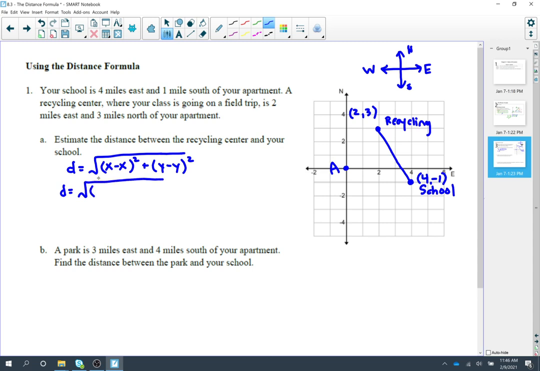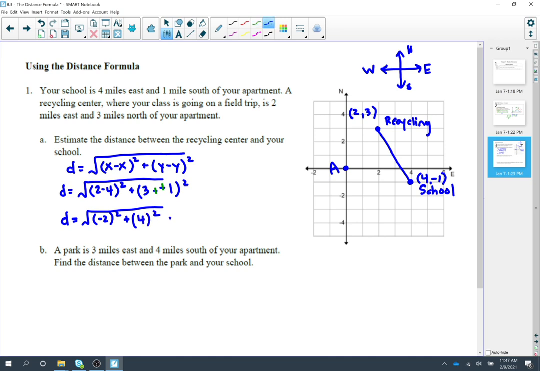So for my x coordinates, I have a 2 and a 4. I'm going to take 2 minus 4 squared, plus my y's, I have a 3 and a negative 1. So 3 minus negative 1. And don't forget to double up on your negative. If we simplify this a little bit, I'm going to keep the square root. 2 minus 4 is negative 2 squared, plus 3 minus a negative, which changes to a positive, gives me 4 squared.